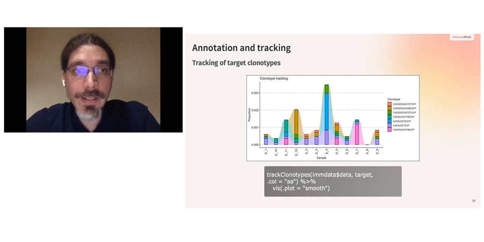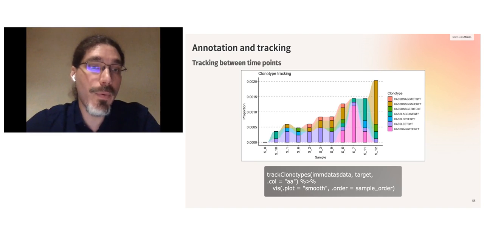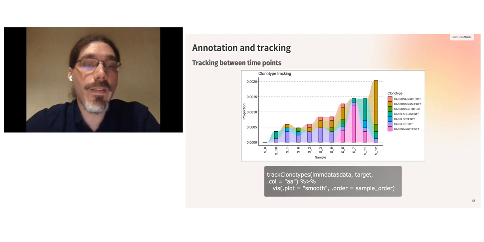If you would like more flexibility, it is possible to rearrange time points. You can see that we pass the additional parameter called sample order to the vis function to indicate in what order we would like to see the samples.